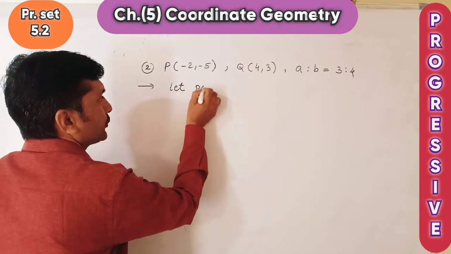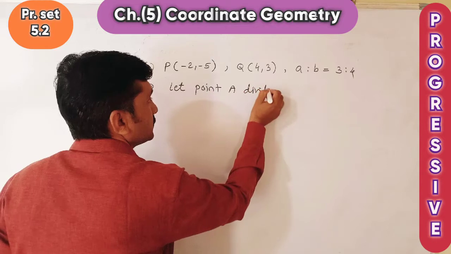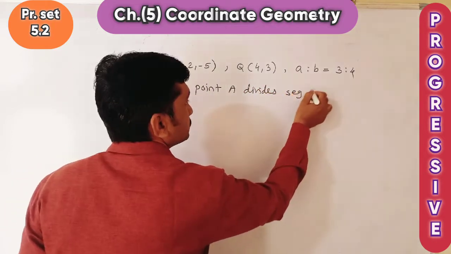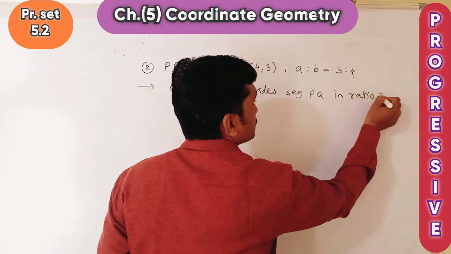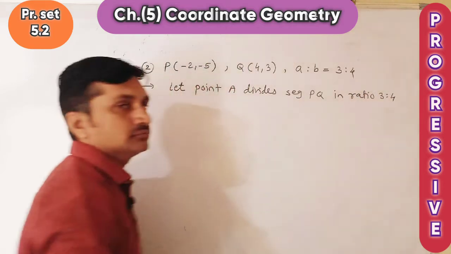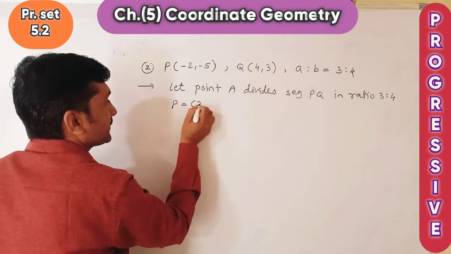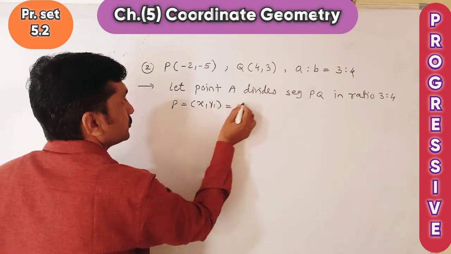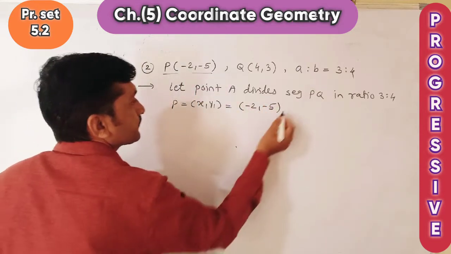Let point A divide seg PQ in ratio 3:4. Okay, now coordinates. P is equal to x1 y1, minus 2, minus 5. Here are the P coordinates.